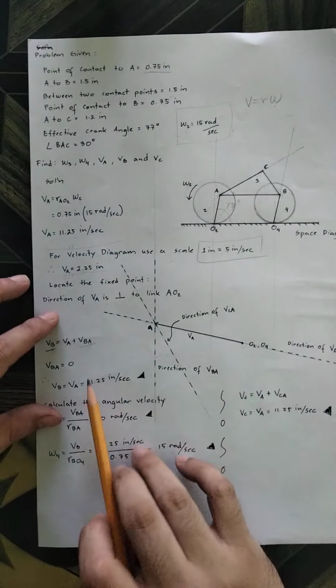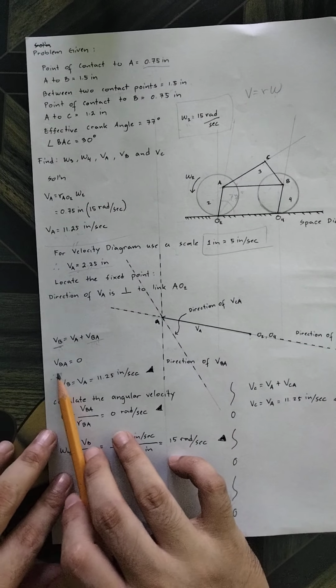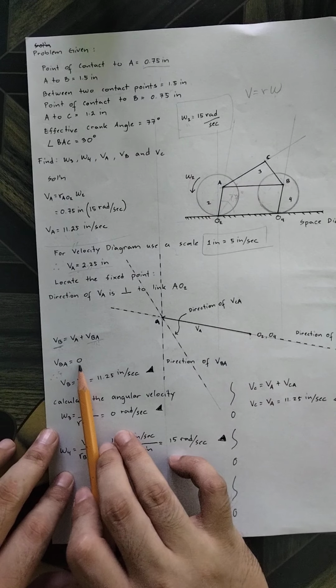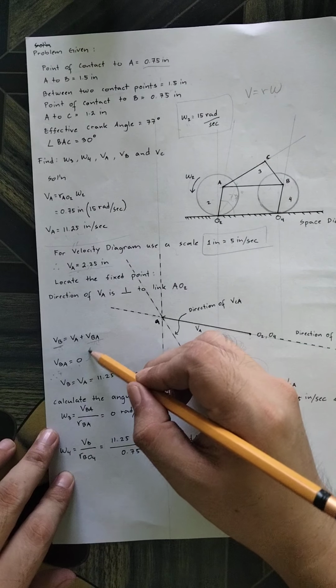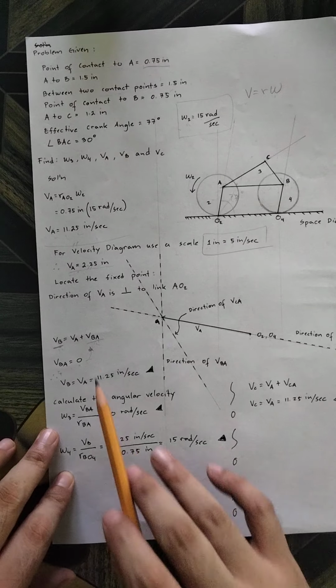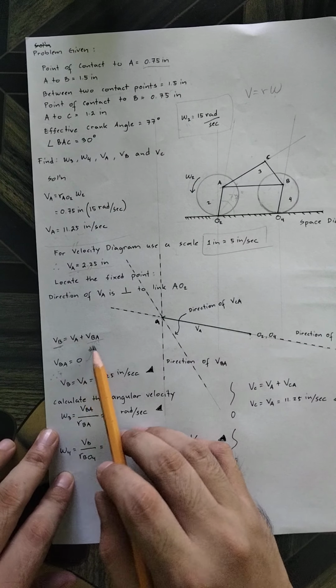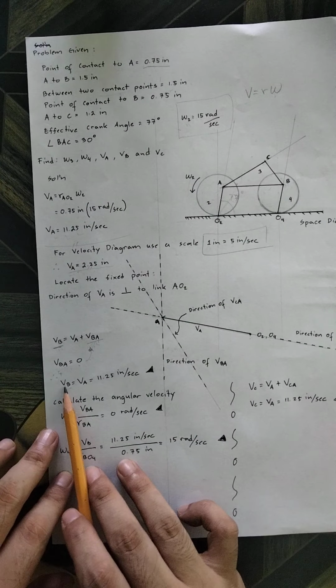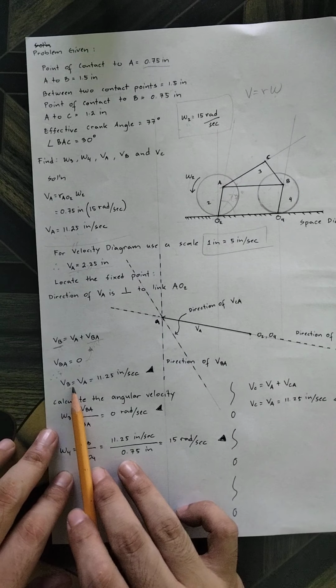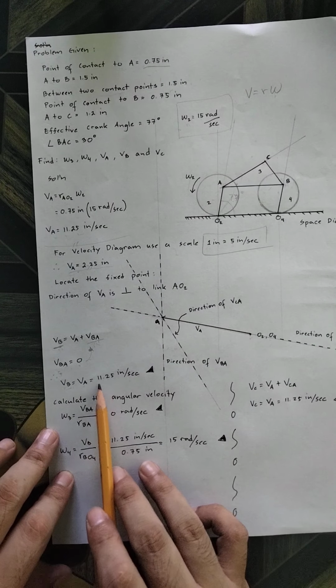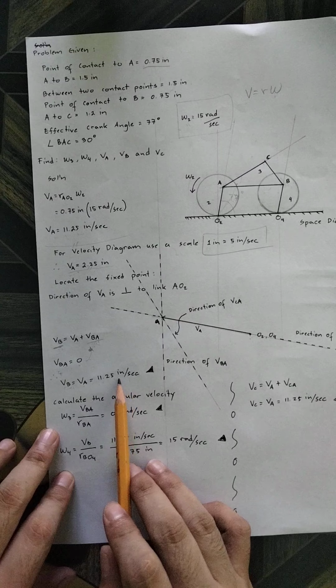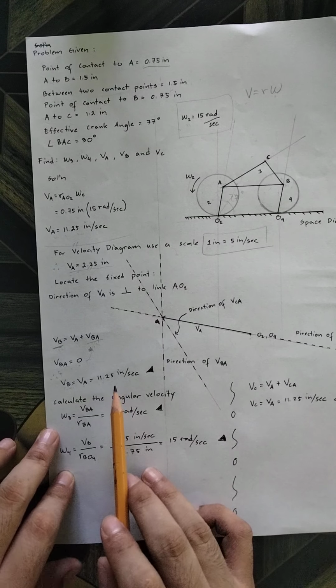So therefore, velocity of B relative to A is 0. So what will happen to the equation? If we plug in 0, what will happen? So therefore, velocity of B is just equal to the velocity of A, which is equal to 11.25 inch per second.